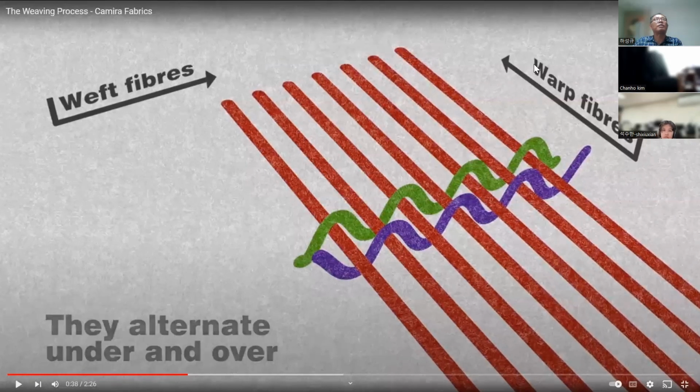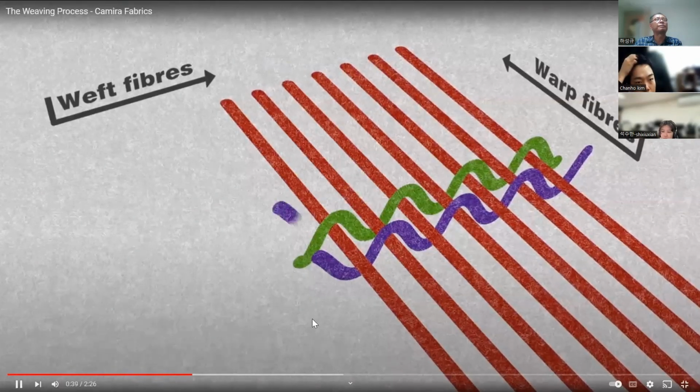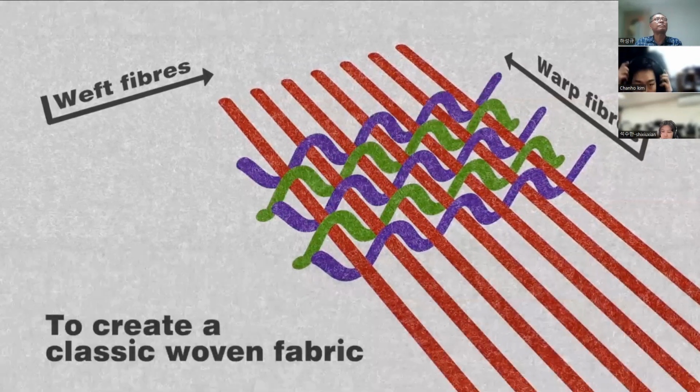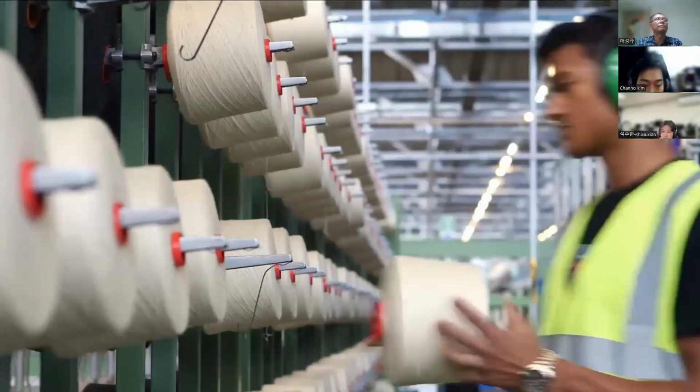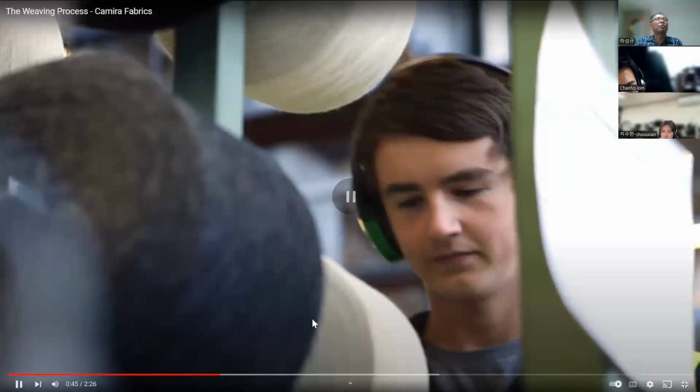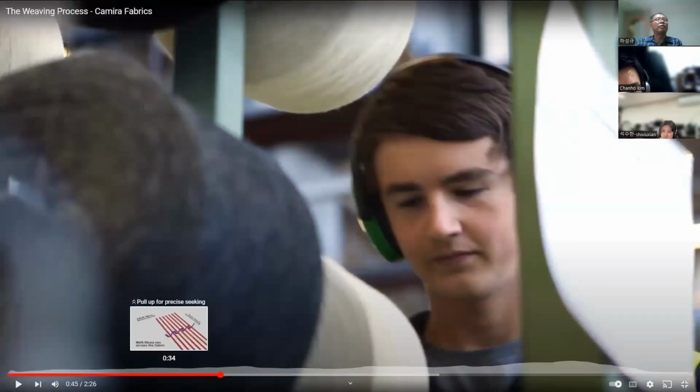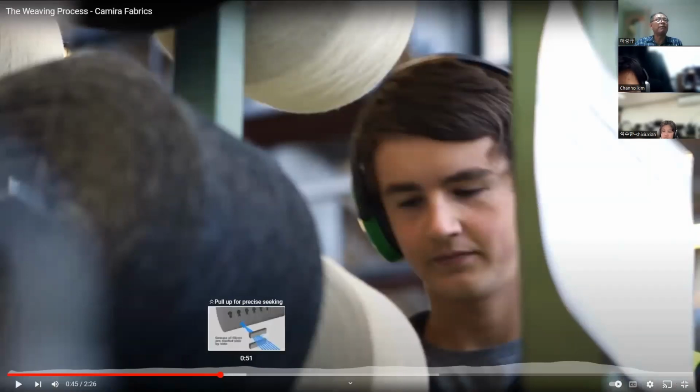So you can see woven fibers, and then you can see how they interact. The good thing with this woven is that you can have a fabric form without resin. Okay, without resin it's already a fabric form.